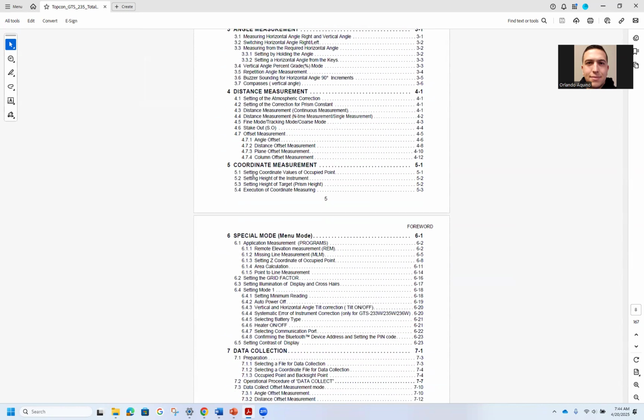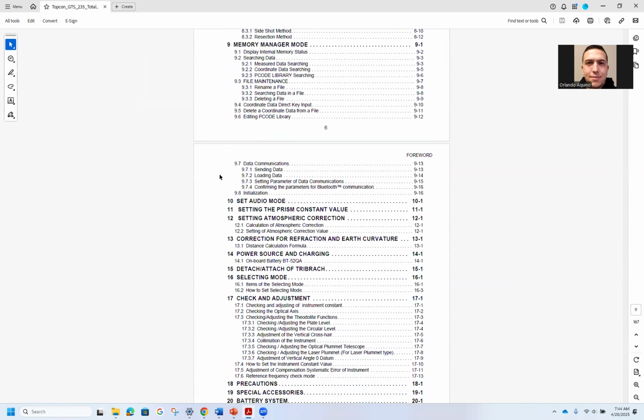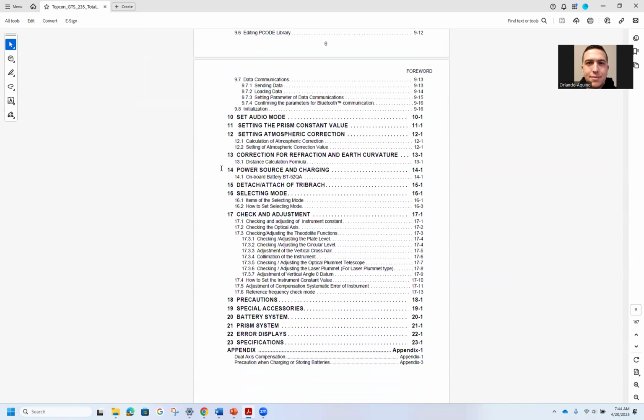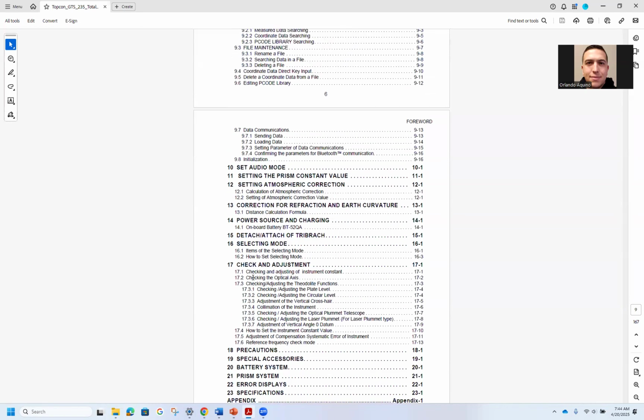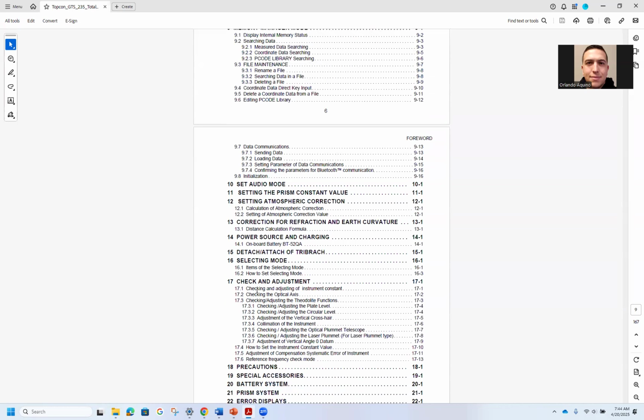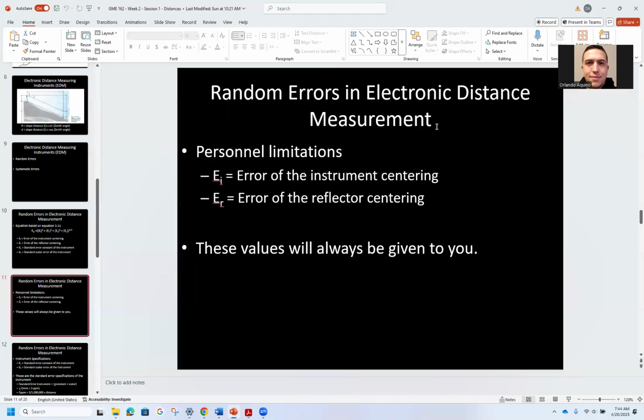It's a boring read, obviously, it's just a manual. But what I like is that they give you your prism systems, your error displays, and even how to set up and make all the little adjustments you need to do. But again, very basic stuff that we're working with when it comes to this lab.